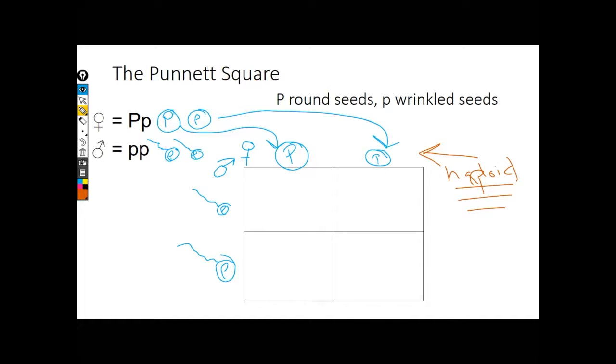Okay, so I have P's here. I should only have one P above every box. This is a really good way to check it. Make sure we made good meiosis gametes.